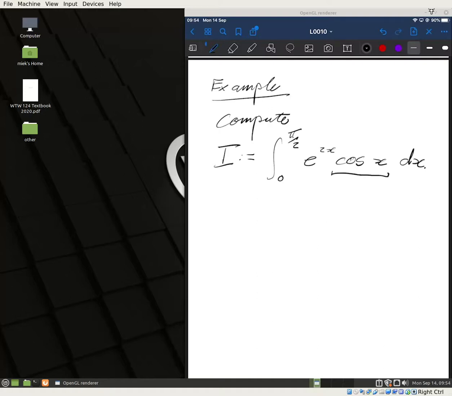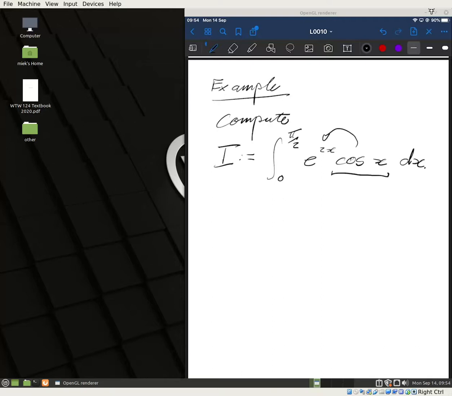Let's take a look at this part. The cosine is a derivative of sine, and remember how does integration by parts work? We can pass one of the derivatives to the other function, and then we see nothing changes, or there's only a constant that comes up.